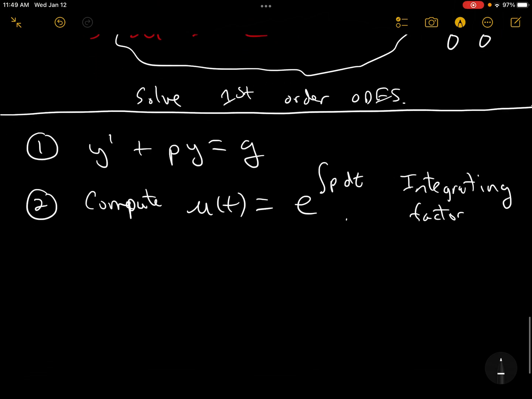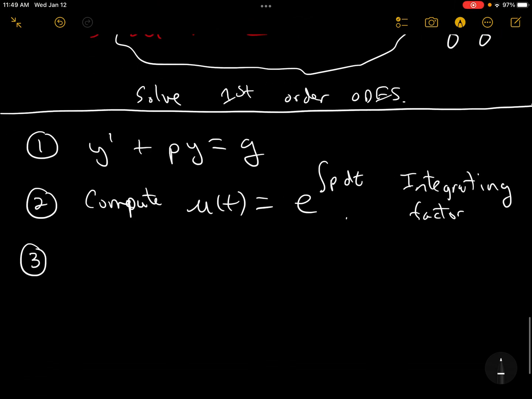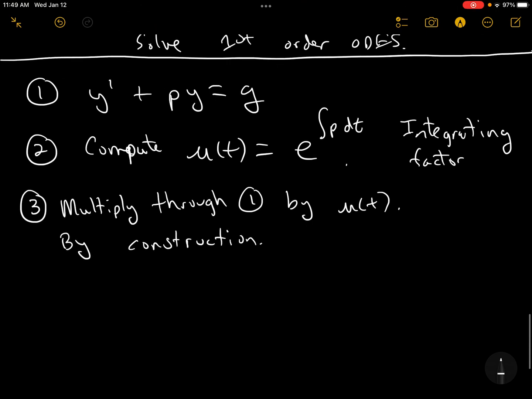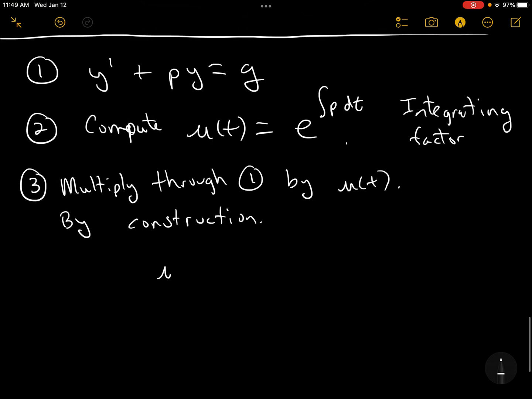Okay. And now 3, following what we did above, multiply through by mu. And by construction, what you get is mu y prime on the left-hand side equals the integral of mu g dt.